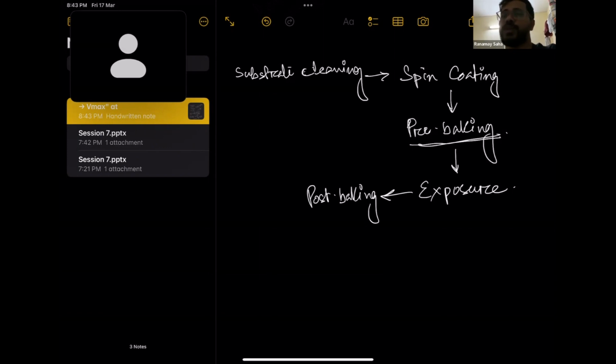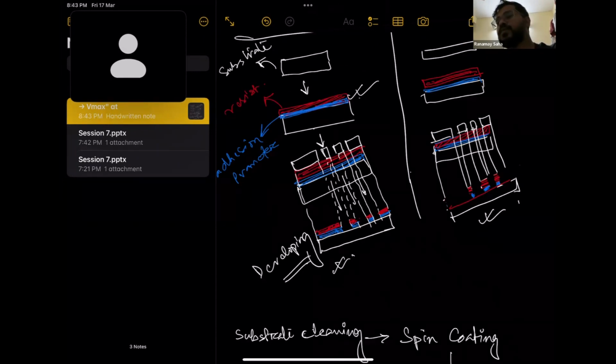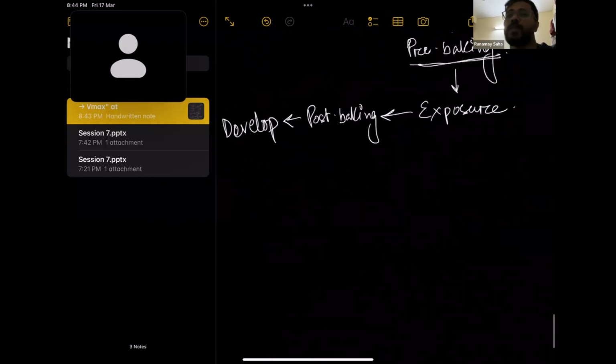Once post baking is done, we develop the resist to remove the unbonded parts. This happens as per the resist tone used. In case of positive tone, this type of removal will happen after developing. In case of negative tone, this type of removal will happen.